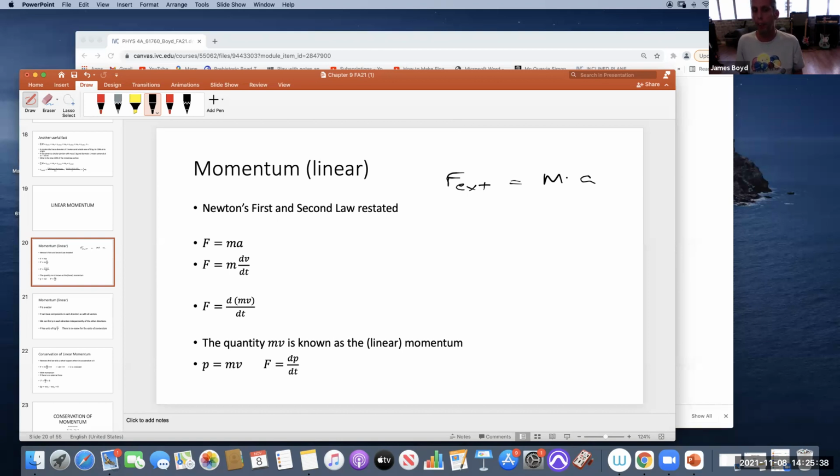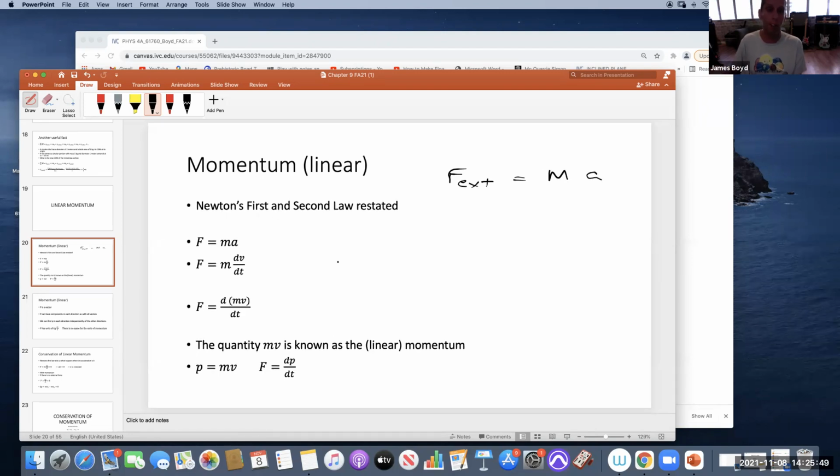And external forces. Newton's third law says that internal forces all cancel. So we never have to worry about internal forces. But we've already learned that the acceleration is the derivative with respect to time of the velocity. And so we can rewrite this, F meaning external forces, as m dv/dt.